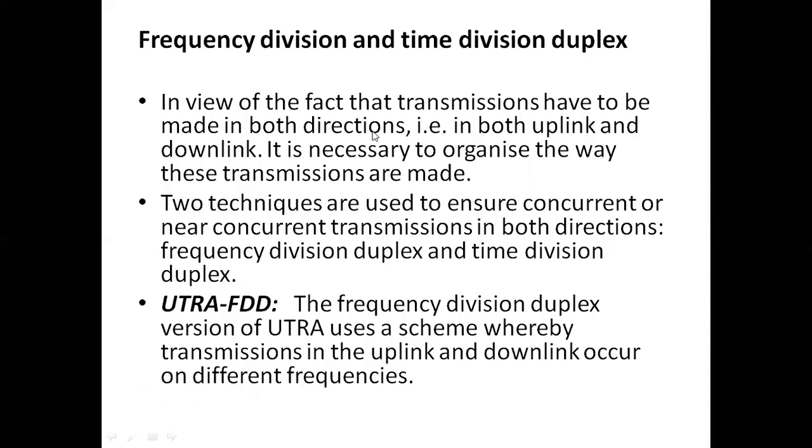Next, frequency division and time division duplex. Since transmissions have to be made in both directions, we are using a full duplex method. In both uplink and downlink we are transmitting data, so the base station can send information to the mobile unit, and the mobile unit can send information to the base station.